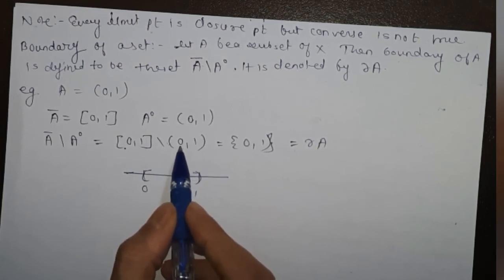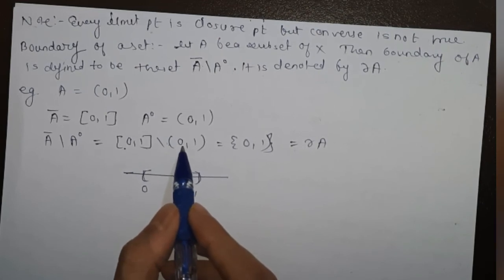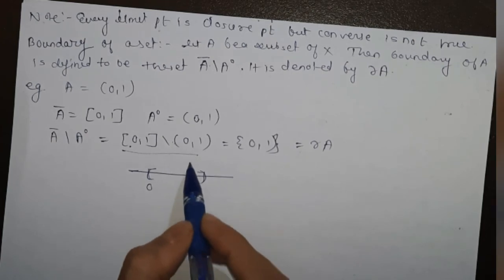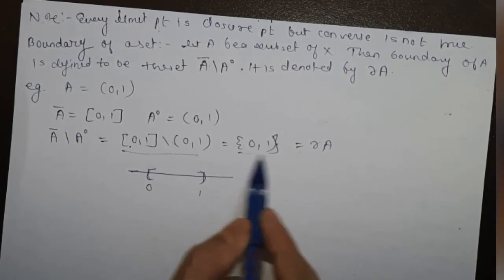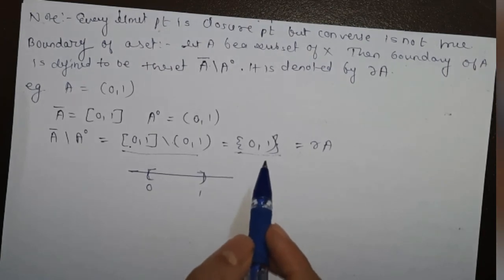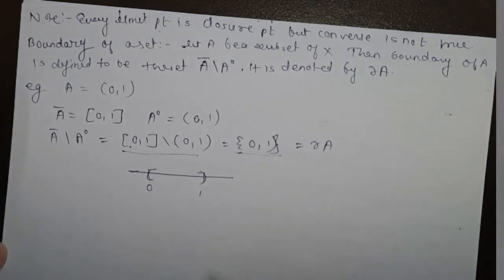We remove the points between 0 and 1, because here we have the open interval. We are not removing 0 and 1. After doing this procedure we get only the points 0 and 1. That's why we get {0, 1}. So this is the example.